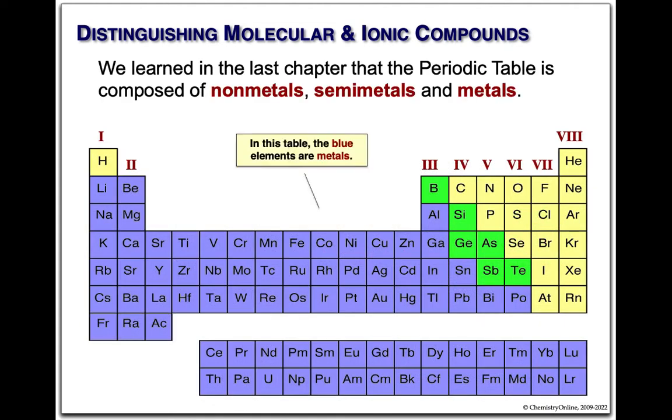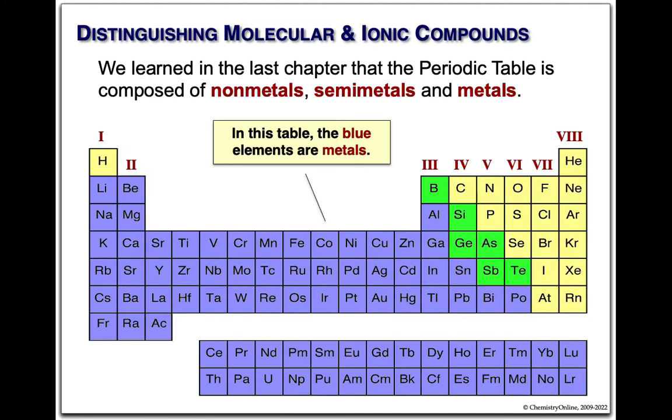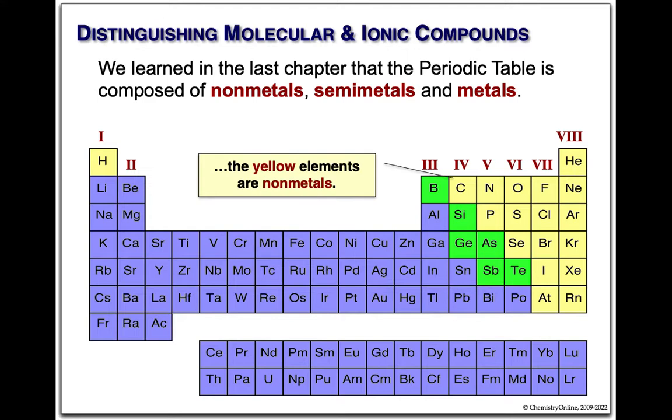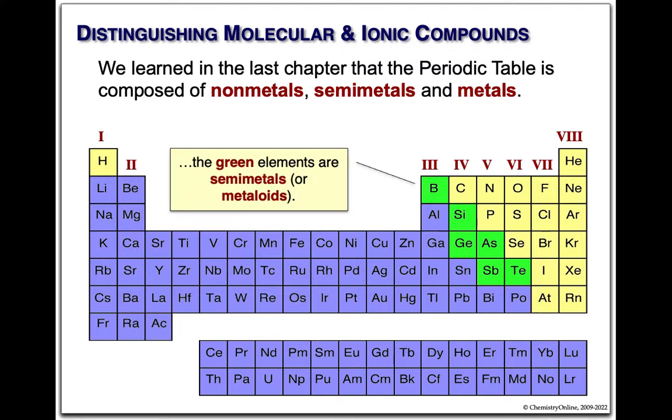Way you tell what you've got is to think about the colored periodic table we saw in chapter 2. We said that everything in blue here was a metal. We said that everything in yellow was a nonmetal. And these little green guys at the interface were semimetals.